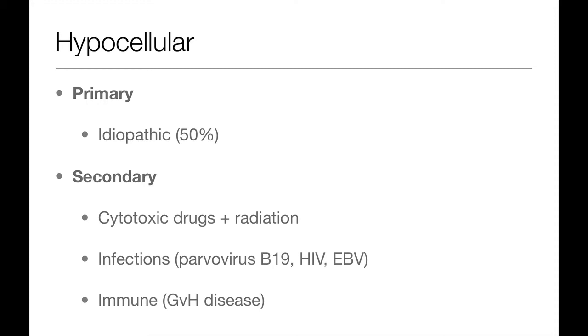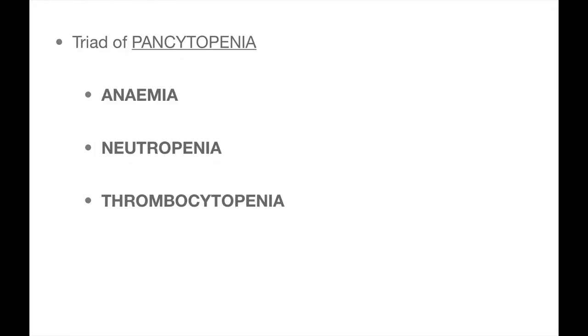And these are the really key things for hypocellular bone marrow failure you need to know about. So cytotoxic drugs, radiotherapy, infections, particularly parvovirus B19, and lastly, immune-based phenomena such as graft versus host disease, which we're going to discuss more extensively in the immunology podcasts. This is the characteristic triad.